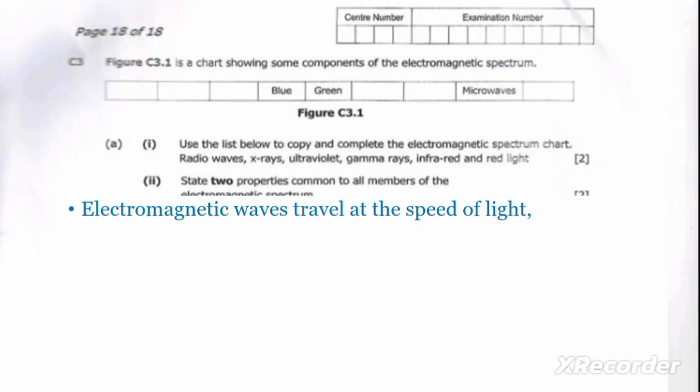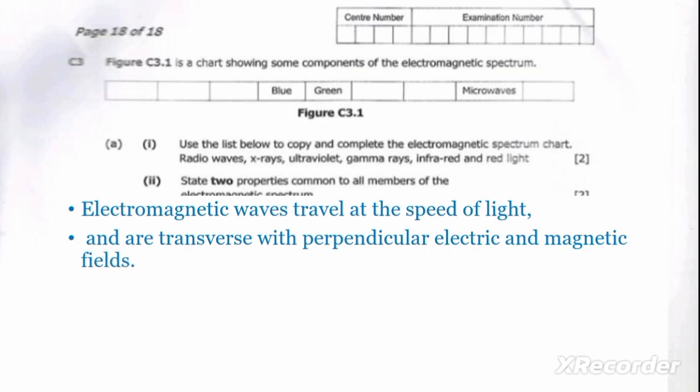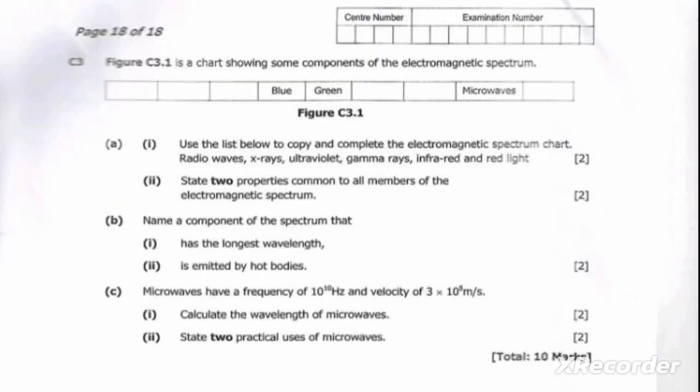We are done with this question. Okay, the question is saying two properties. We are also going to say electromagnetic waves are also transverse waves in nature. Okay, we are done with this question.